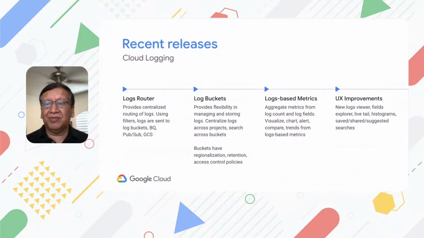Logs-based metrics can be used for visualization, charting, alerting, comparison over different timeframes, and defining SLOs, just like any other metric. In addition to defining alerts on logs-based metrics, users can also define alerts directly on patterns observed within a specific log event as well.